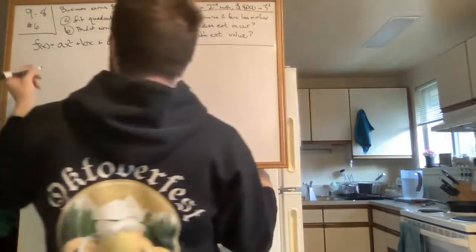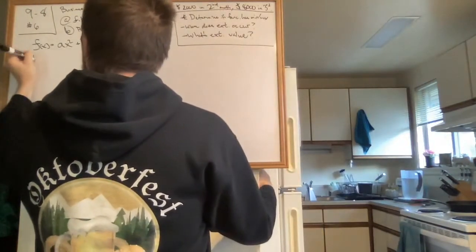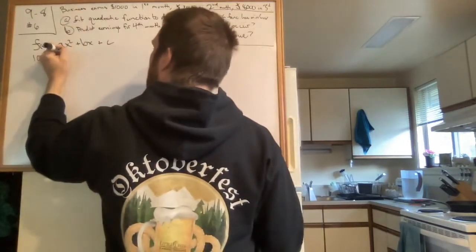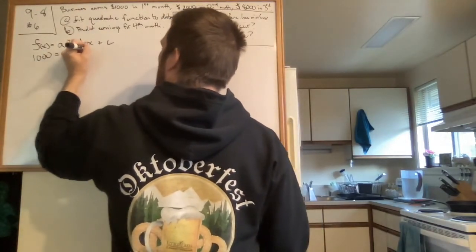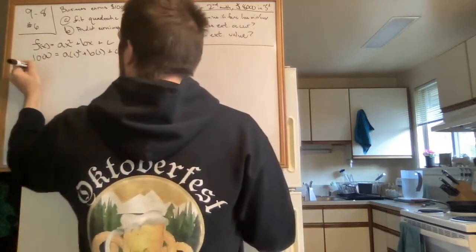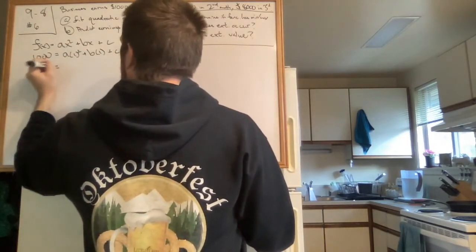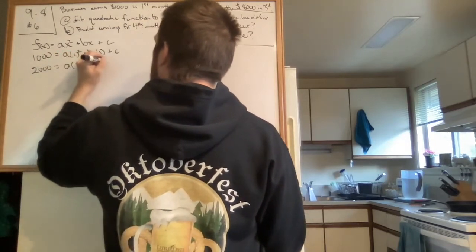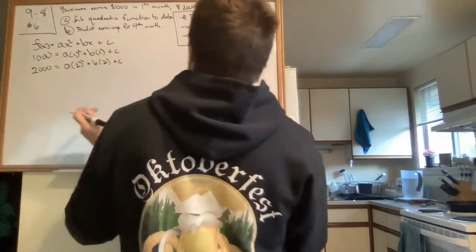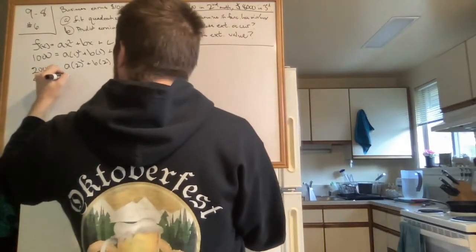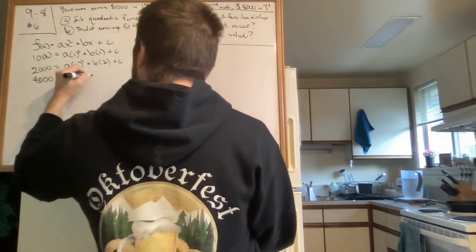So let's do that. We get out 1,000 when we plug in a 1. And so that's a times 1 squared plus b times 1 plus c. We get out a 2,000 when we plug in a 2. B times 2 plus c. Finally, we get out an 8,000 when we plug in a 3.